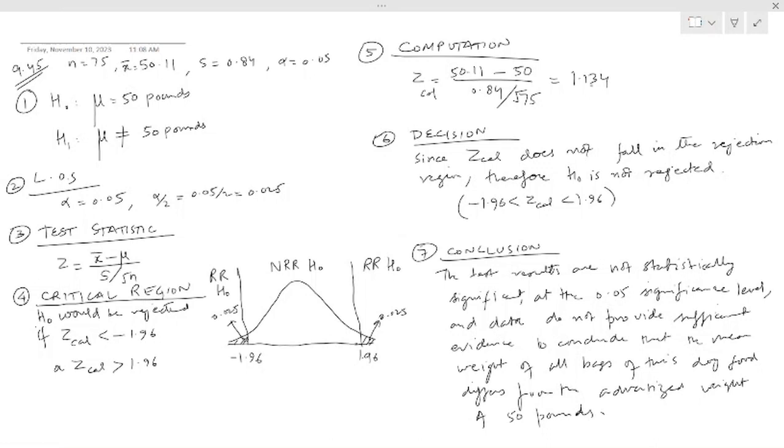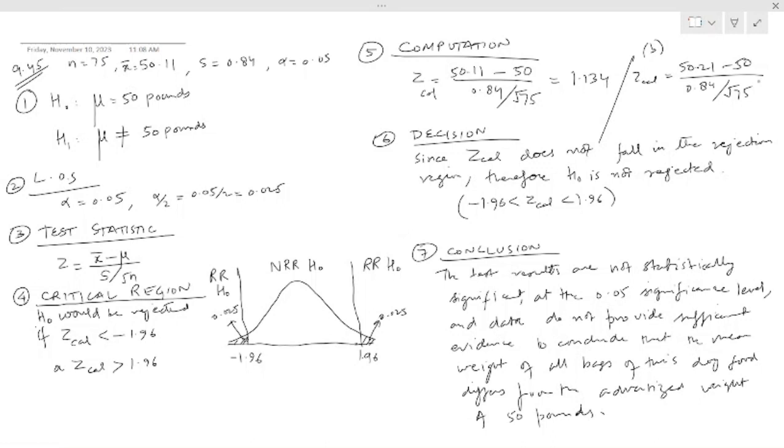And what would be the change? Z calculated for part B will be different, as 50.21 we will substitute as the x bar value minus 50, divided by 0.84 divided by square root of 75.